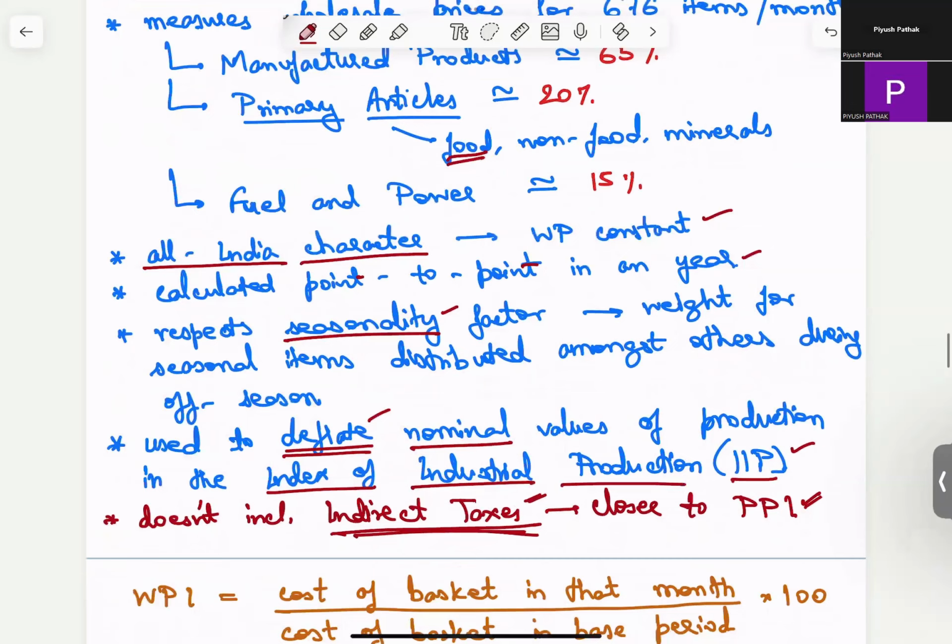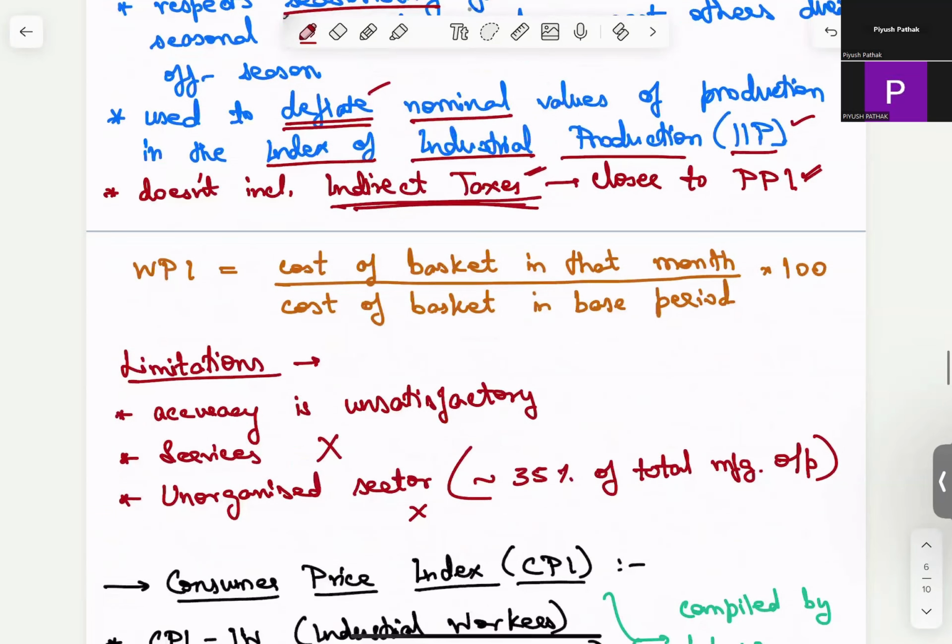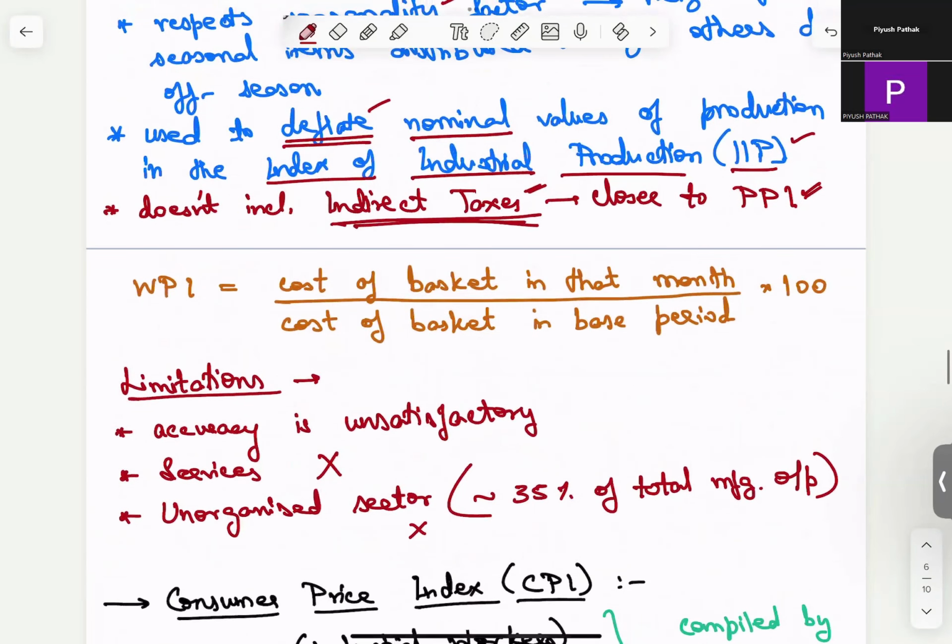Now, what is important from the exam? This formula. You might have a question on this. WPI is the cost of basket. Let us say I'm talking about WPI for May of 2024, then it would be the cost of the basket in May 2024 versus the cost of the same basket of products in the base period.